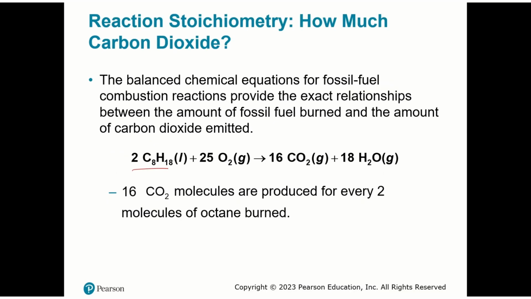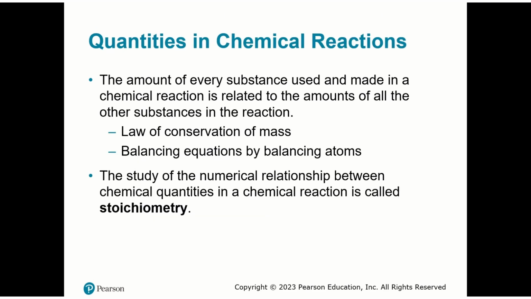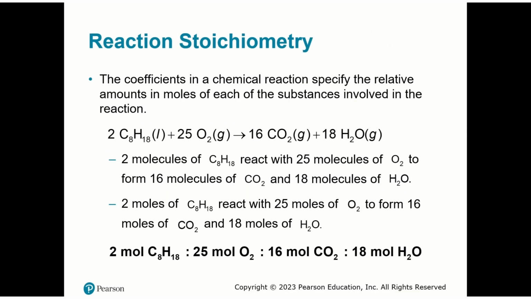So I know that 2 moles of octane will produce 16 moles of carbon dioxide, right? Stoichiometry is the math of chemistry and tells us how much product forms from a given amount of reactant. For example, burning octane produces a predictable amount of carbon dioxide. This is how scientists estimate emissions from fuel use.